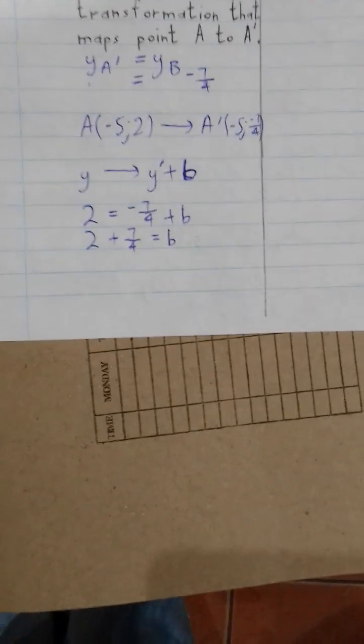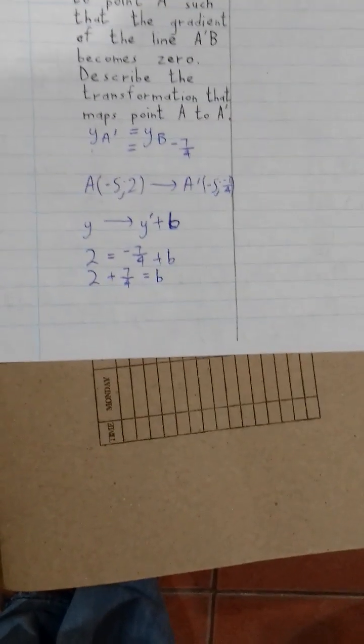Oh my, I actually made a mistake. It should have been negative 7 over 4 is equal to 2 plus b. Because this is the new coordinate, y prime. It's my mistake.